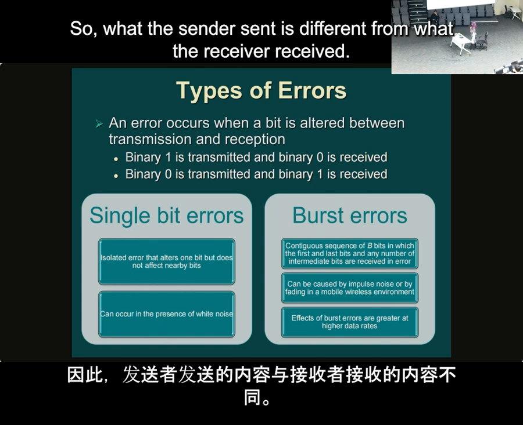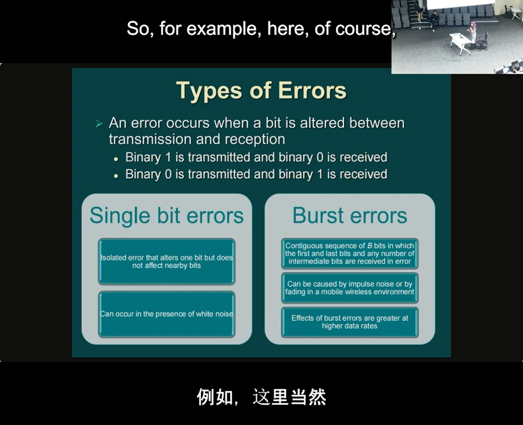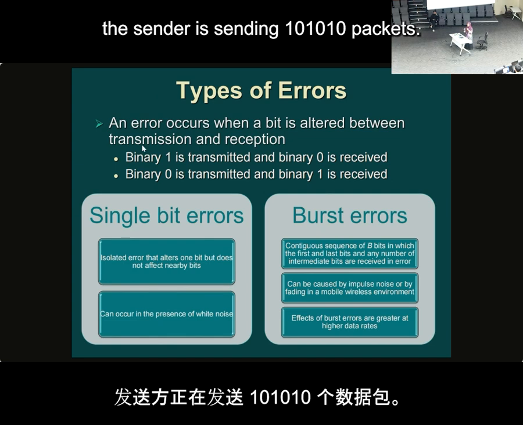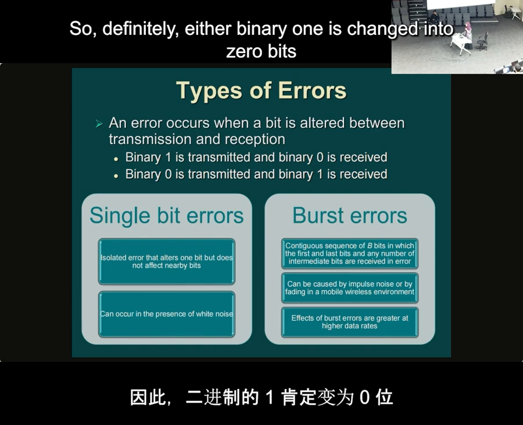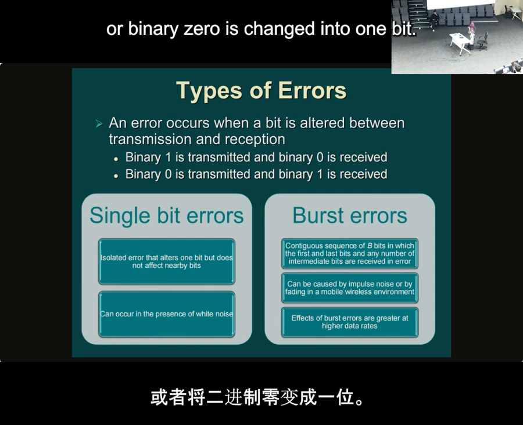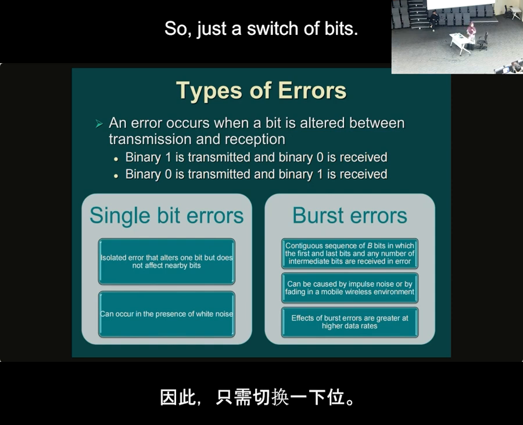So what the sender sent is different from what the receiver received. For example here, the sender is sending 101010 packets. So definitely either binary 1 is changed into 0, or binary 0 is changed into 1. It's just a switch of bits.